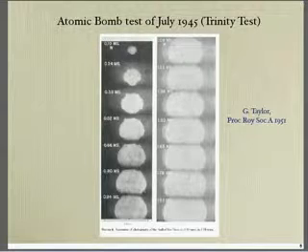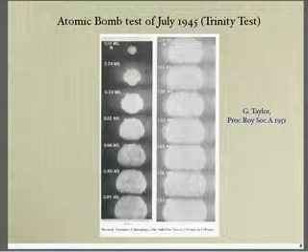So after having seen the Russian bomb test, there is a set of pictures taken from the first atomic bomb test at all, which was carried out in July 1945 in the deserts of New Mexico.